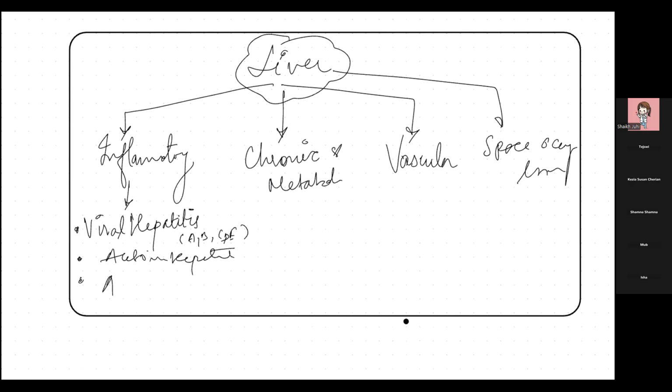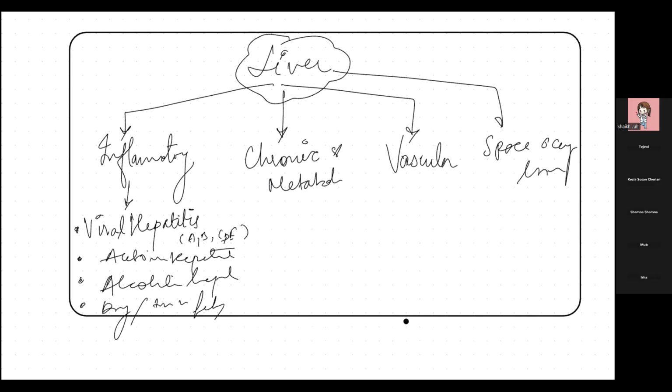Alcoholic hepatitis. What else? It can be any drug or toxin induced hepatitis. So these are the possibilities of inflammatory liver diseases: viral, autoimmune, alcoholic, or drug induced hepatitis.